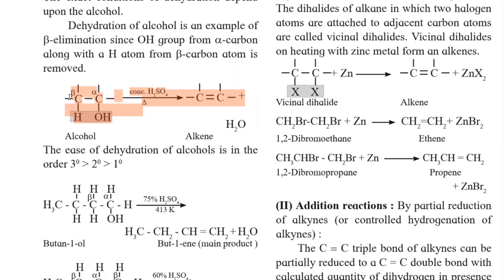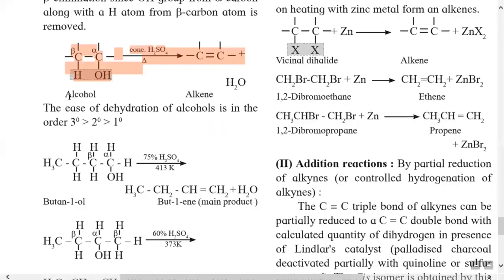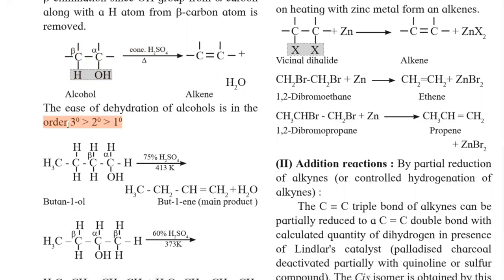Here these carbon atoms are sp2 hybridized. The order of dehydration of alcohols is tertiary greater than secondary greater than primary, meaning tertiary alcohol undergoes dehydration more easily than secondary, and then primary.